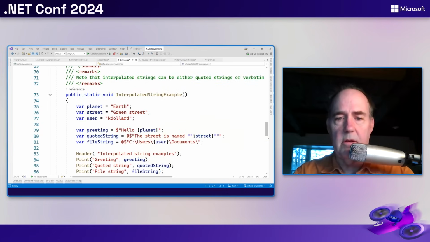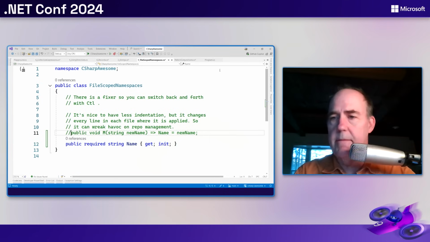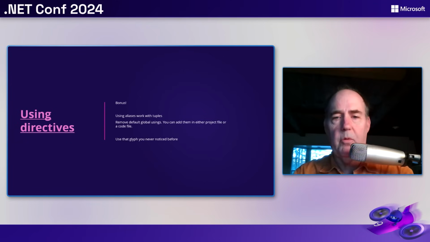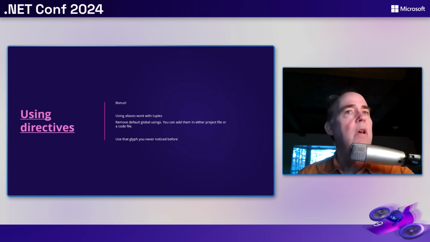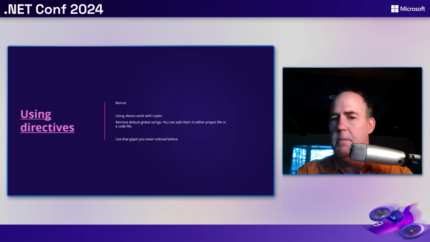If I were to add a using, and I am not seeing that one right now, and I think we're actually out of time. But that is one of the ones that we can use with the using directives. You can say using and give it a tuple type equals name. I think it's the other way around, actually. Name equals tuple type. And then you can get this slow grow-up story from I have some data, it's discrete values. I find I'm using these things together. It's a tuple, make it an alias, it's got a name, and then I can slowly replace that with a type.